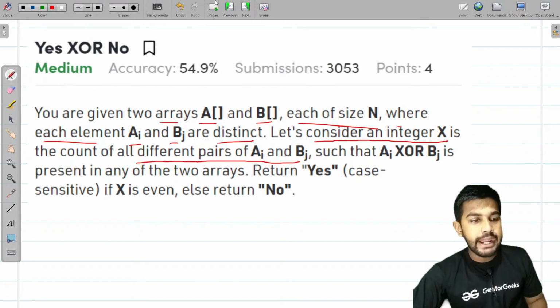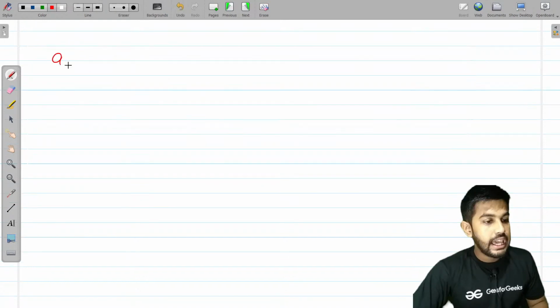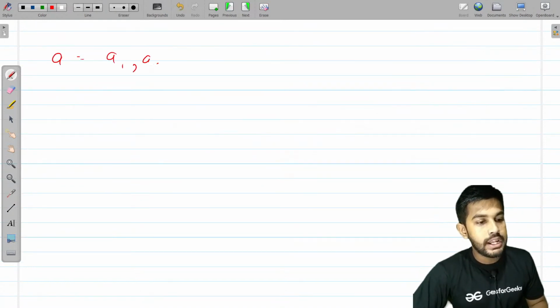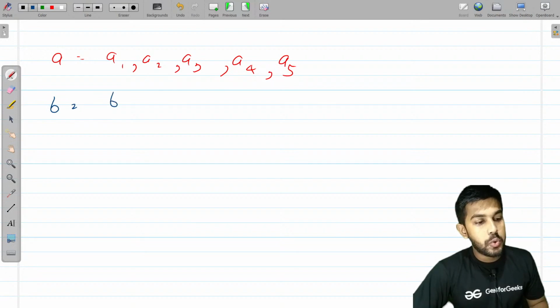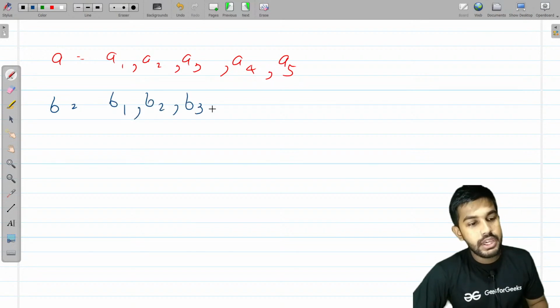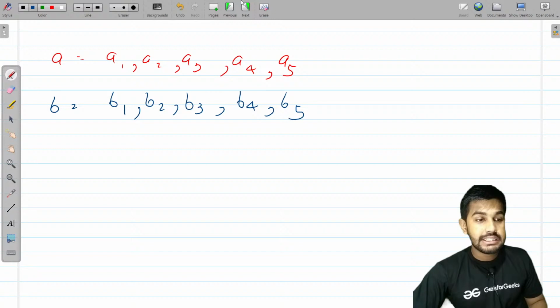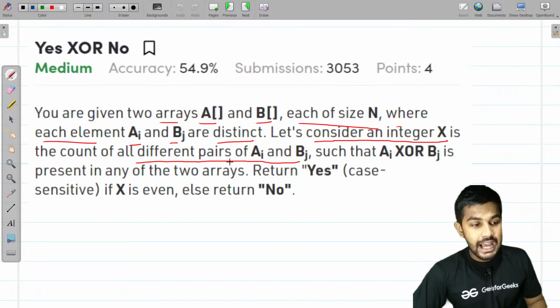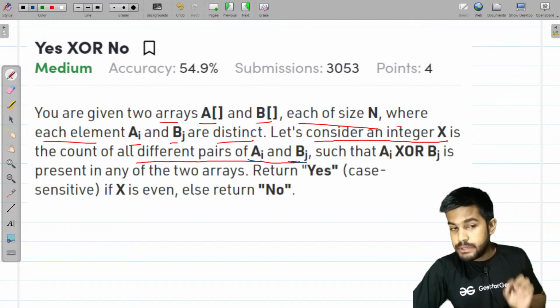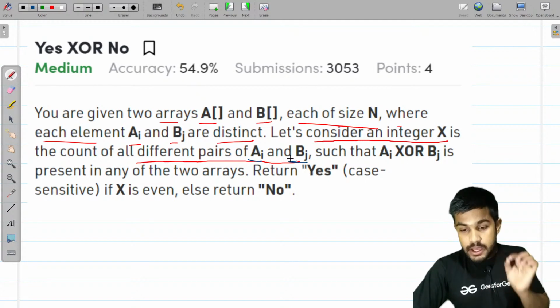Suppose A equals a1, a2, a3, a4 and a5, and B equals b1, b2, b3, b4 and b5.